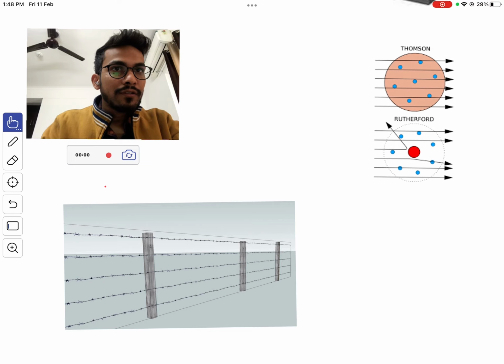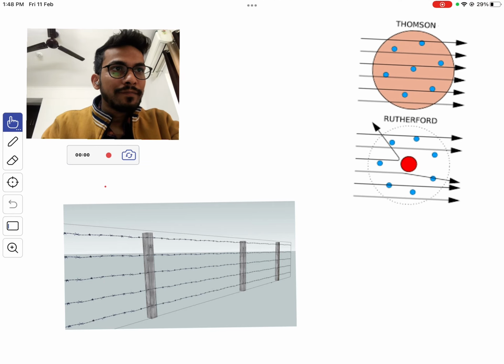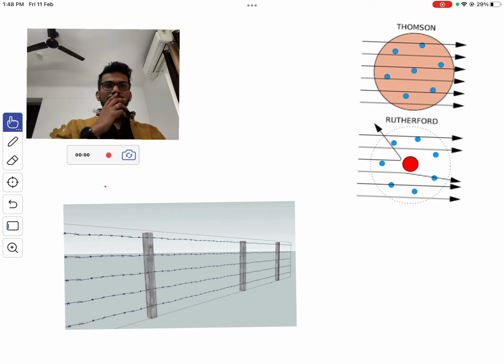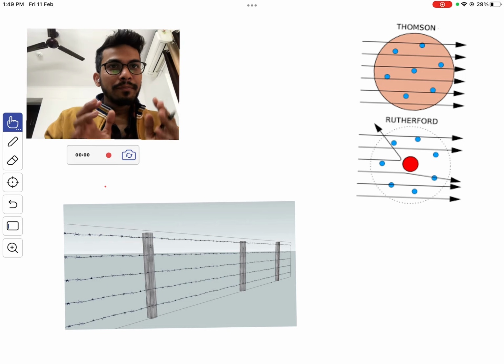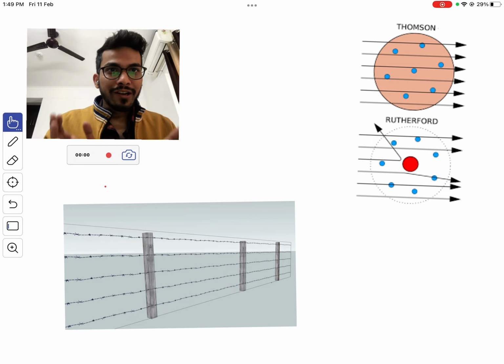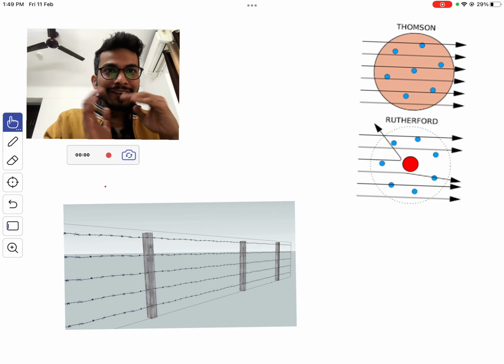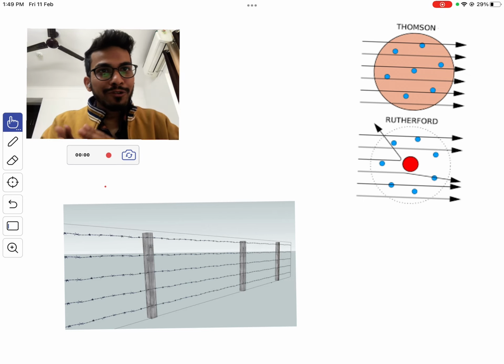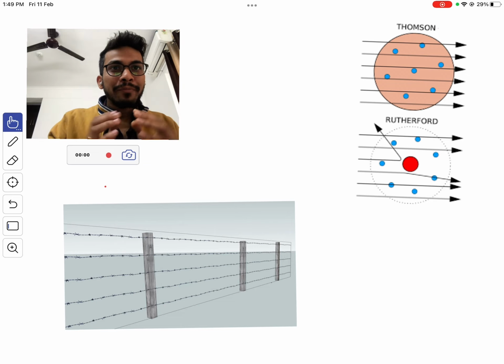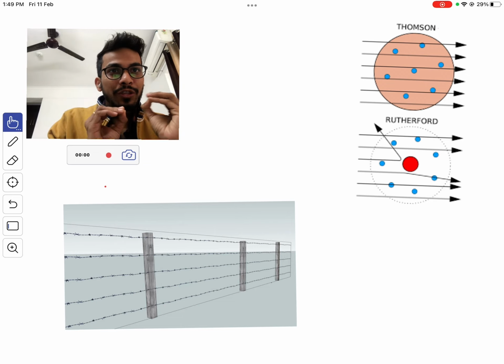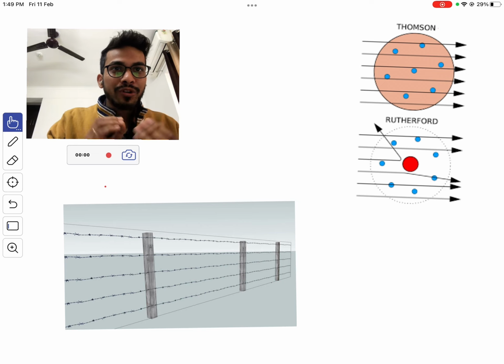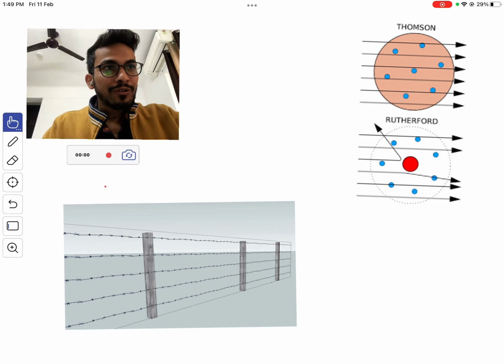Thomson compared the model of the atom to a watermelon. You may have seen a watermelon. The edible part, the red part, he compared to the protons, while the seeds he compared to the electrons. The edible part is distributed throughout the atom, and the number of positive charges equals the number of negative charges.